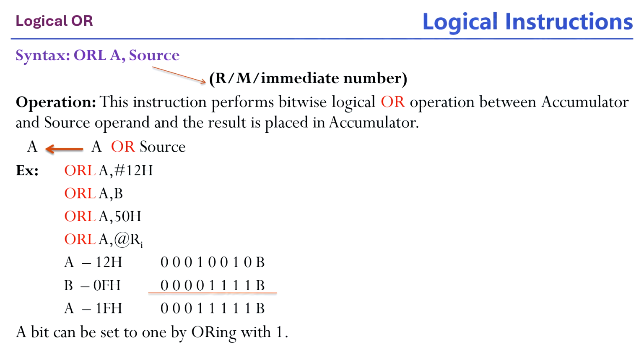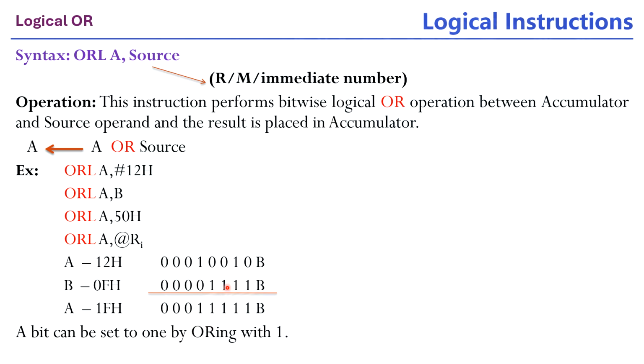You can just try it. A bit can be set to 1 by ORing with 1. In this case we can take an example here. We have already seen a similar thing previously. This is the OR logic.